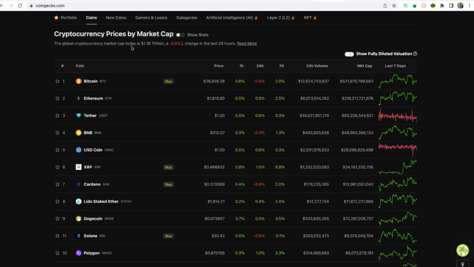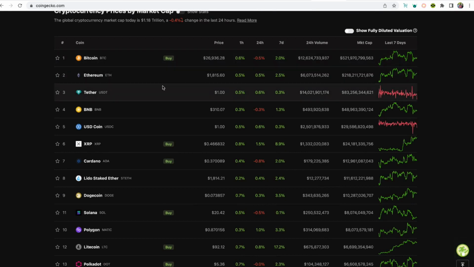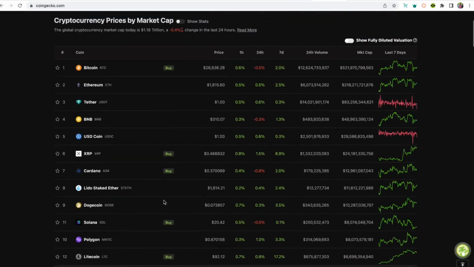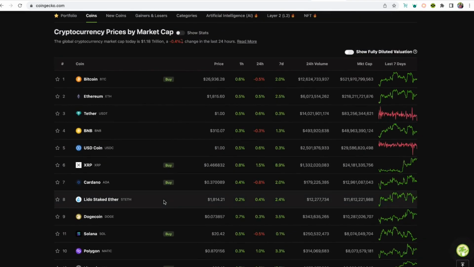All right, so CoinGecko is something I'm utilizing on a day-to-day basis. You have Bitcoin up at top, and what you're going to see is the price of Bitcoin, and you can actually buy Bitcoin and some of these other coins directly from this site. I think CoinMarketCap has the same features.